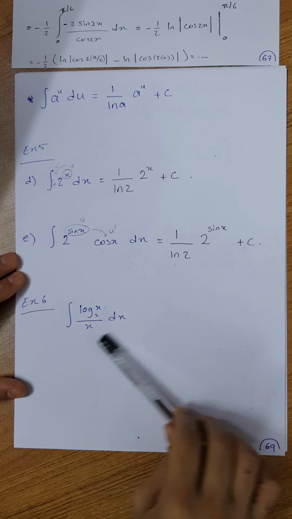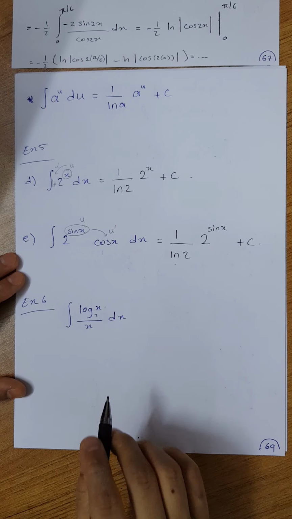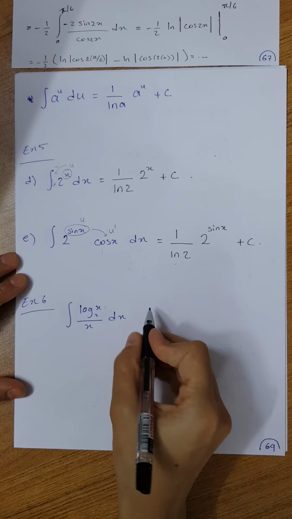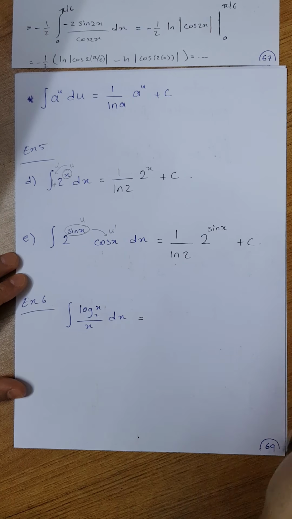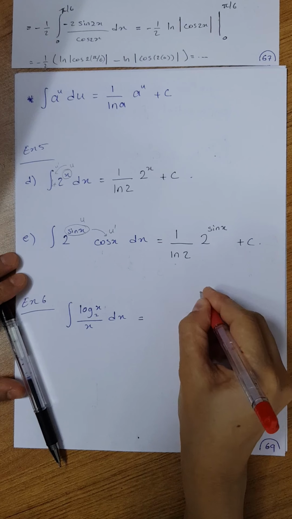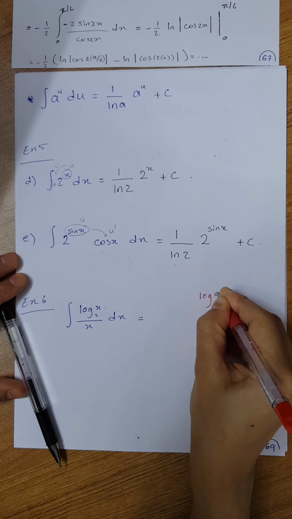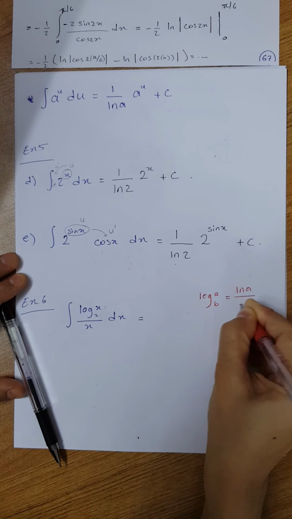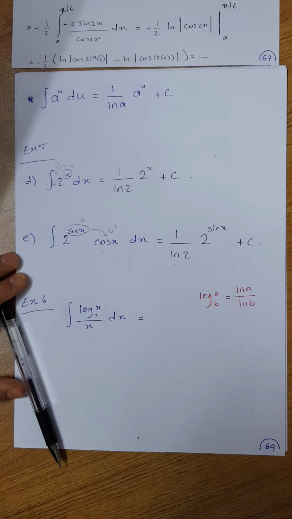If you look at that logarithmic function, it is better to use the rule of change of base. How do we use the rule of change of base? If you remember, when we had logarithm of a with the base of b, we said this one is equal to ln of a over ln of b.